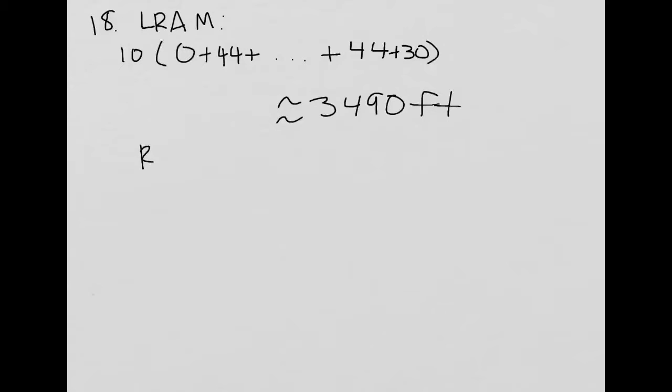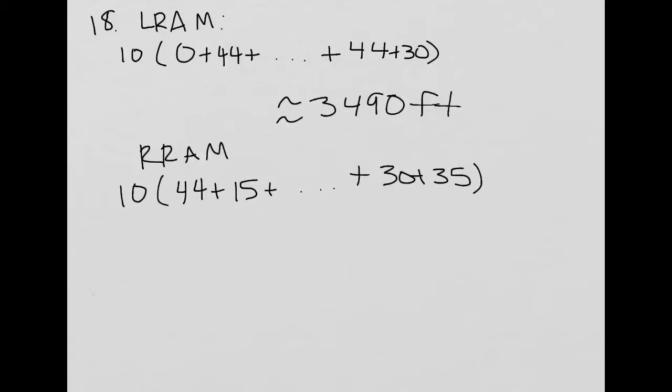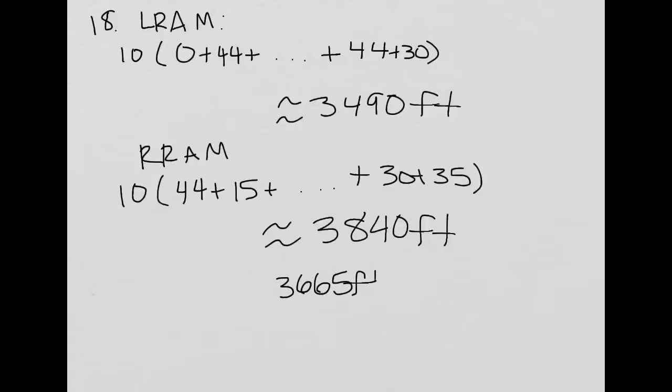And then if I do an RRAM, my width is still 10, but this time I start with 44, which doesn't actually make a difference because that was 0. And this time I go all the way in the table to the 35, which gives me an estimate of 3,840 feet. And then if I average the two, so I do 3490 plus 3840 and divide by 2, I get 3,665 feet is my average.